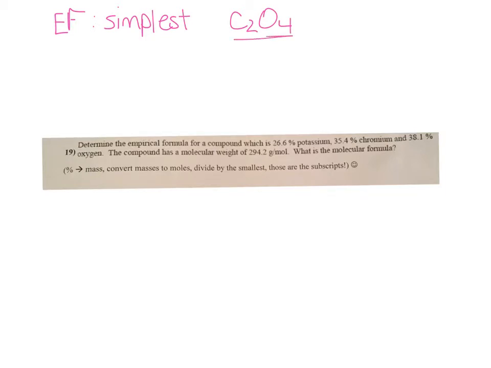This would not be considered the empirical formula. What would be considered the empirical formula is reducing these 2 numbers down. They both have a common factor of 2, so we could say CO2 would be the empirical formula. This would be considered a molecular formula, or the true formula, okay?